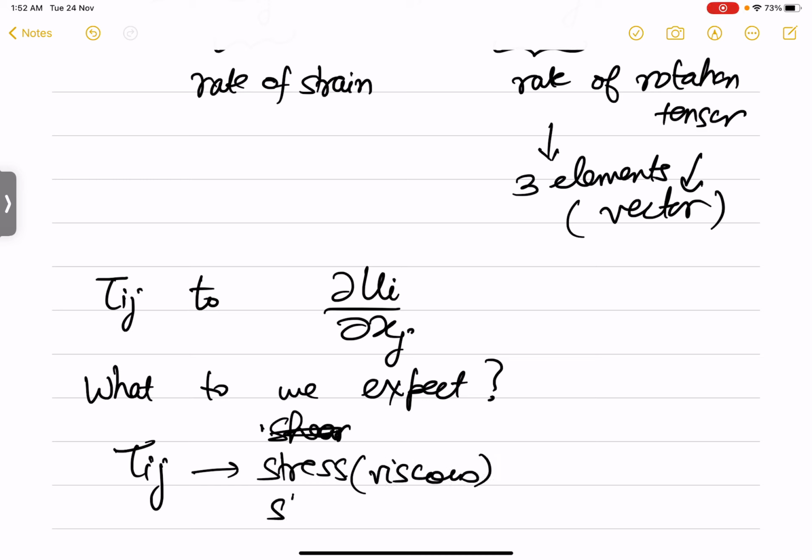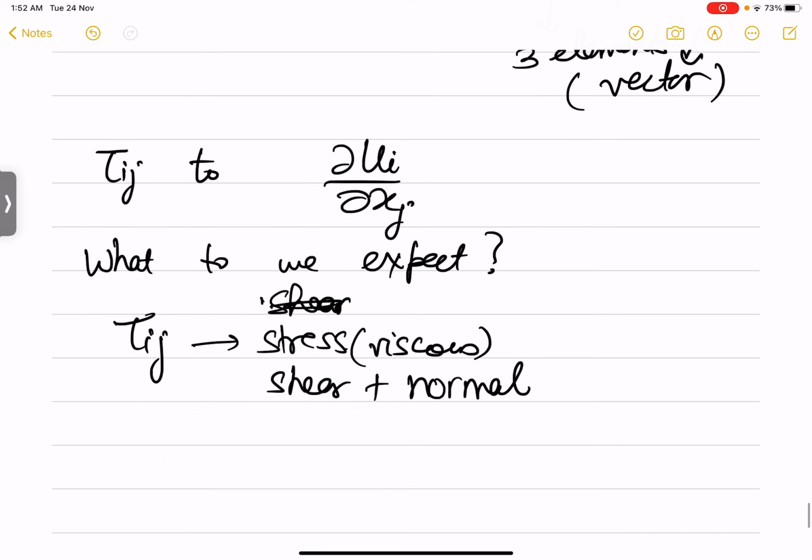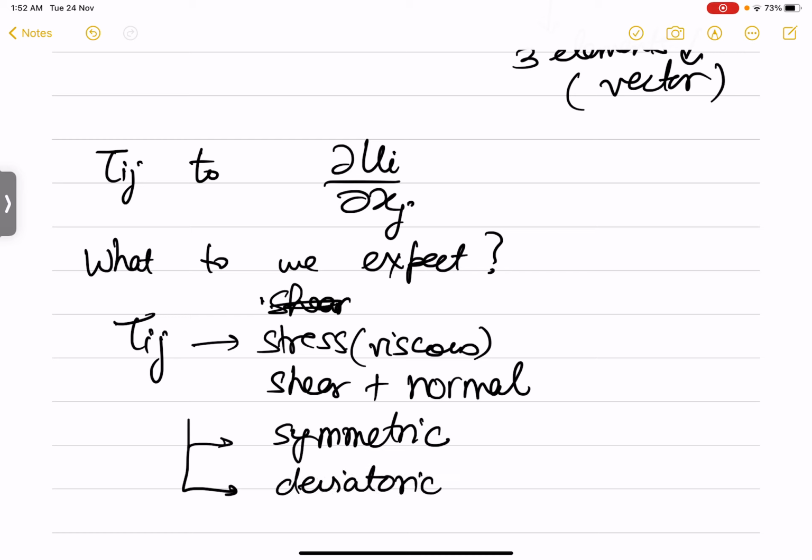It includes shear plus the normal part which is over and above the pressure. Now, are there any qualities of tau ij? We know tau ij is symmetric. And there's a second thing we know about tau ij, that it is a deviatoric tensor, which implies that tau 11 plus tau 22 plus tau 33, which is the trace, is equal to 0.